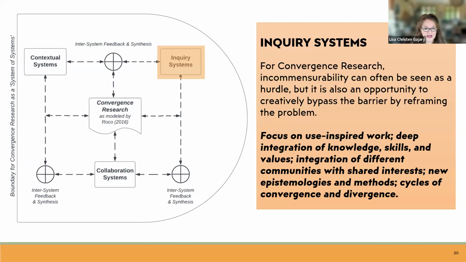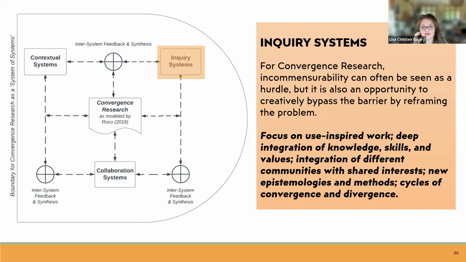We understood that what convergence research needs to do is overcome hurdles, for example, of incommensurability between researchers in order to arrive at a shared and original innovative product. There's a general understanding broadly within the literature that the focus ought to be, when we talk about convergence research, on use-inspired work.